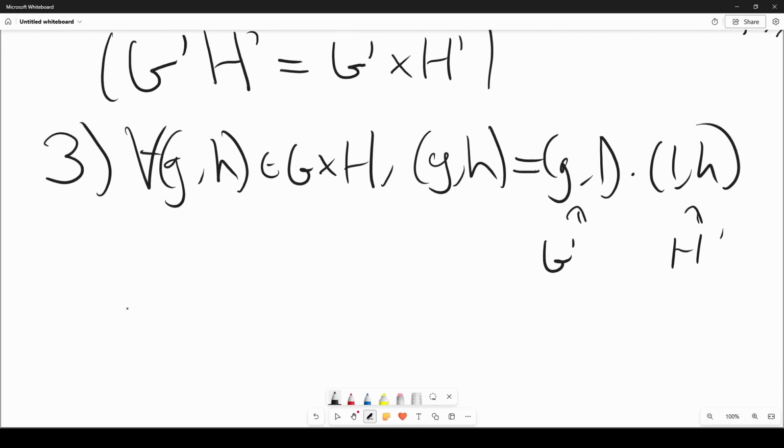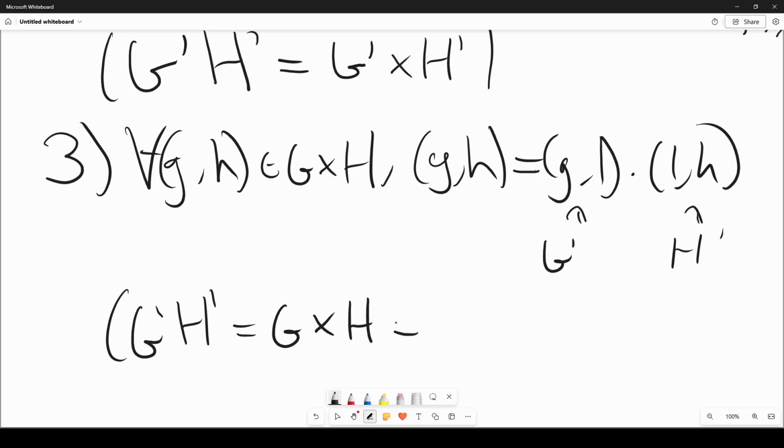This tells me that G prime H prime has to equal G cross H, which means that it's also isomorphic to G prime cross H prime.